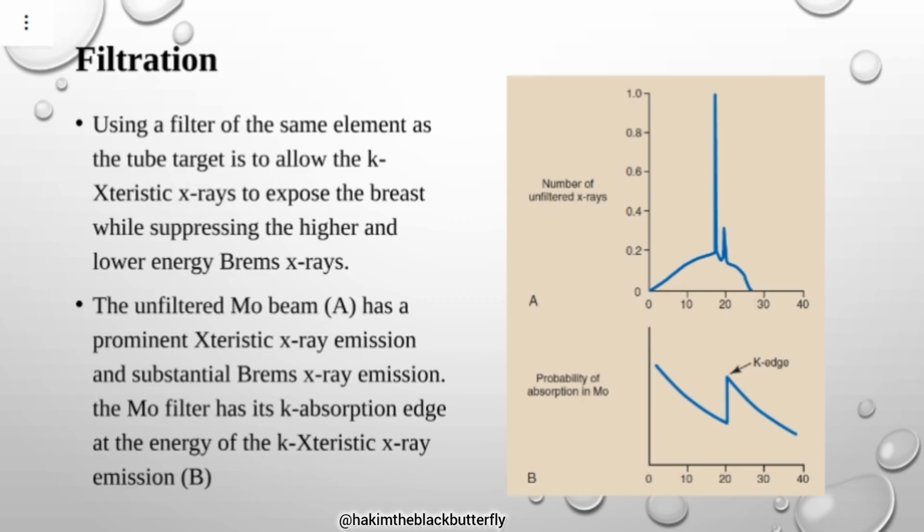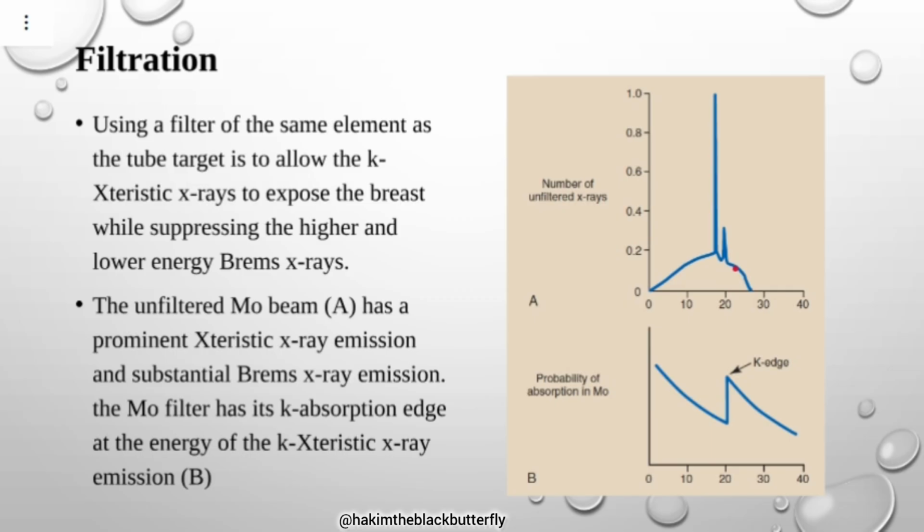The unfiltered molybdenum beam, which is shown in A, has a prominent characteristic X-ray emission and substantial Brems emission. You see, this spectrum has not been filtered out. That's why you don't even see any K edge somewhere.